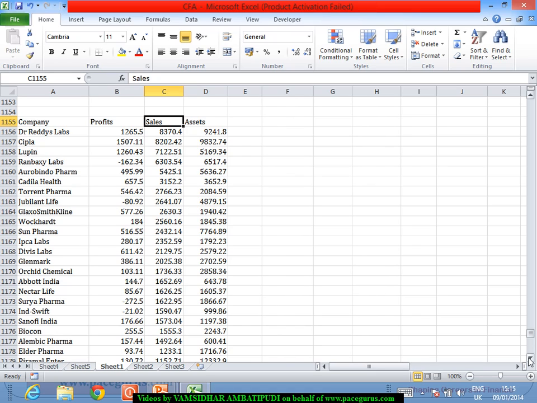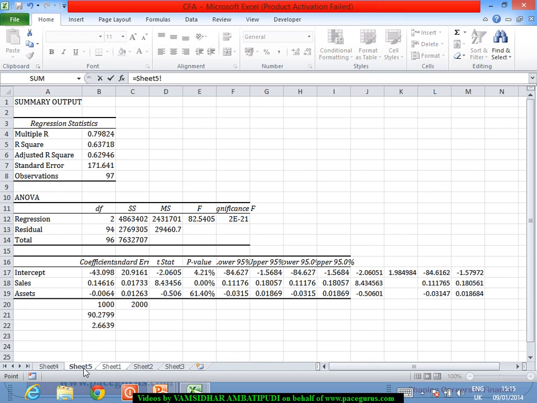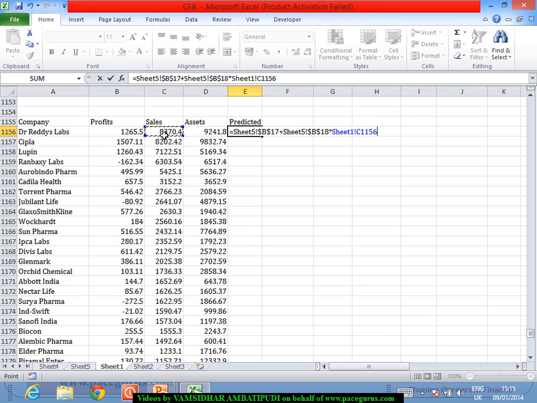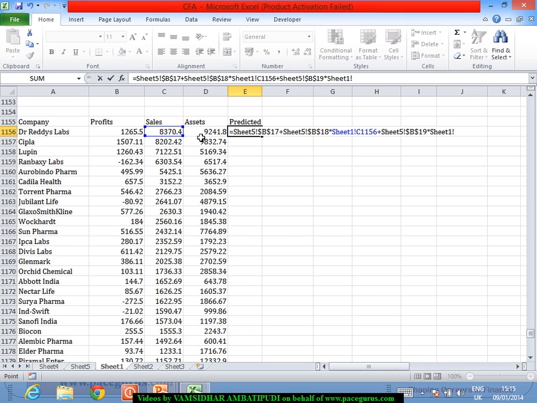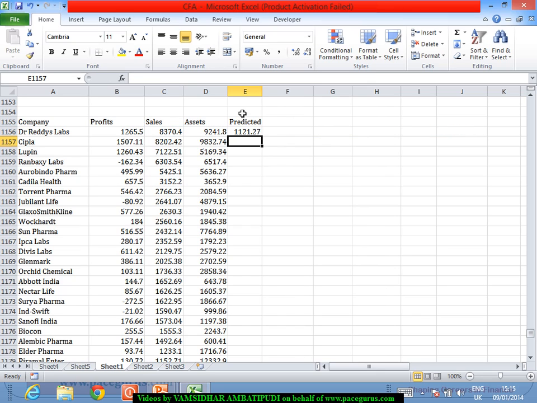And this is where I would like to look at the error term. Let me compute the predicted value based on our model. The predicted value goes as the intercept plus the sales coefficient times the sales value plus the assets coefficient times the asset value. Right, this is the formula.